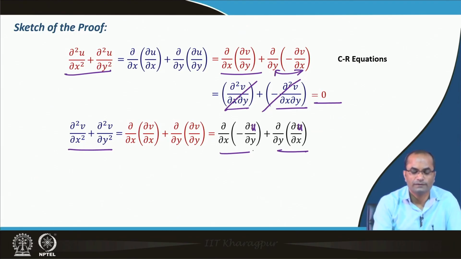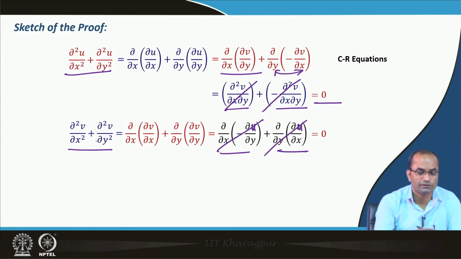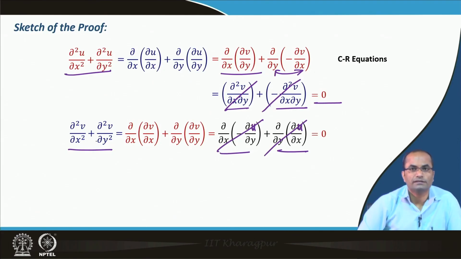Again changing the order of differentiation, we will see that this becomes 0. So, again we have seen that v also satisfies the Laplace equation. So, both u and v, the real and the imaginary part of an analytic function, are harmonic.